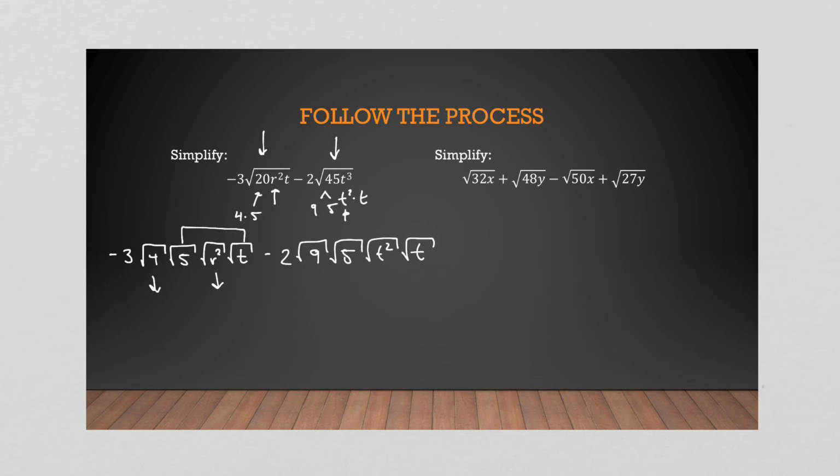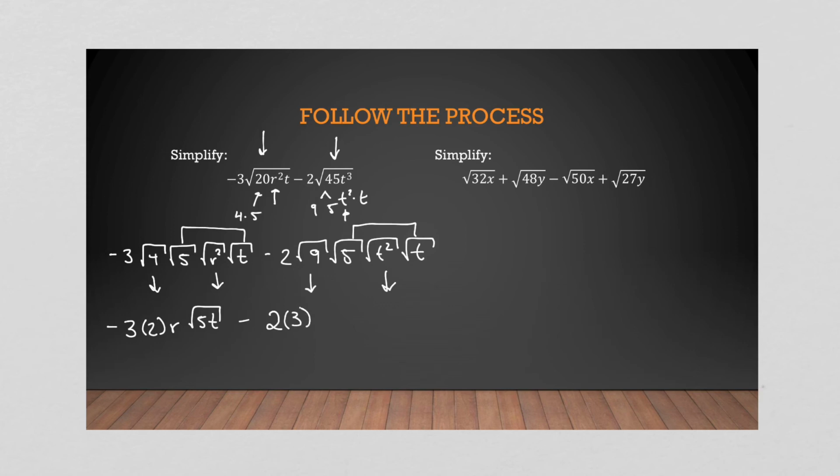These two are not, so they'll stay under the root. So I have negative 3, and then times 2 times r, and then I'm left with 5t underneath. And then here I have perfect square, and again I'm left with 5t, so that's looking promising.